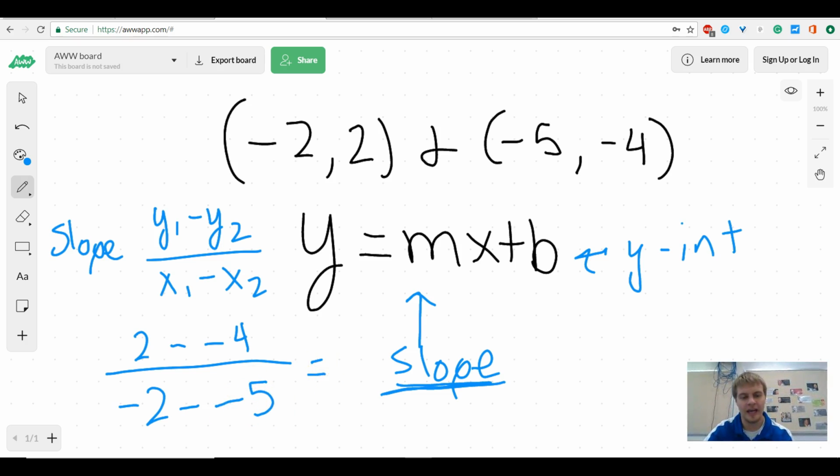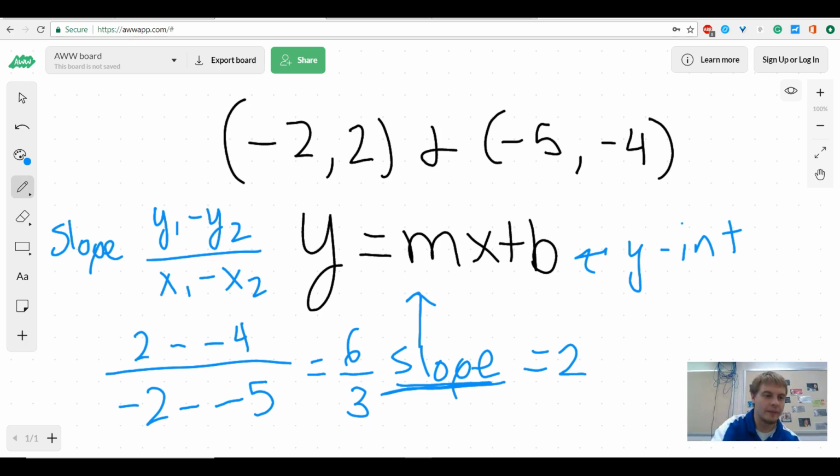That's 6 over 3, which reduces to 2. So my slope for this is equal to 2.